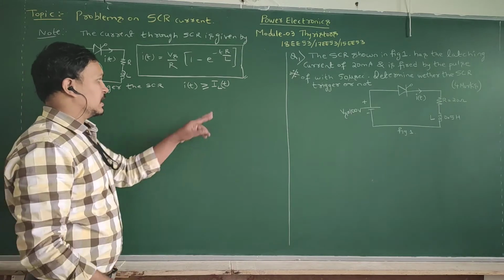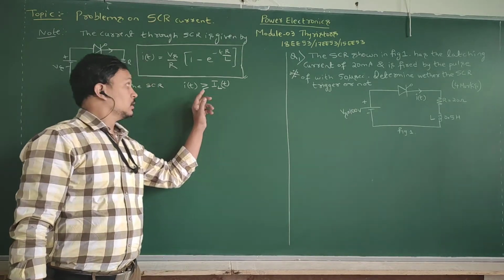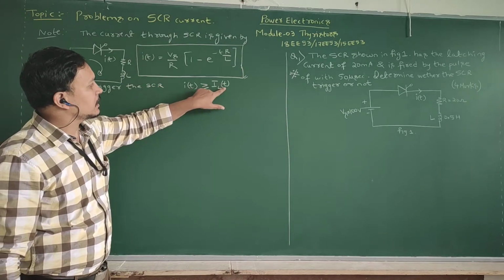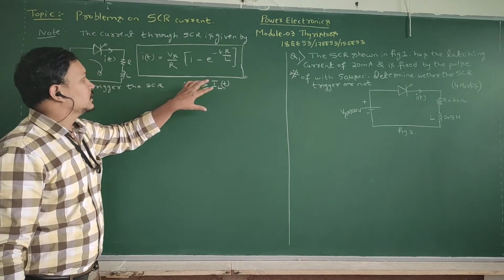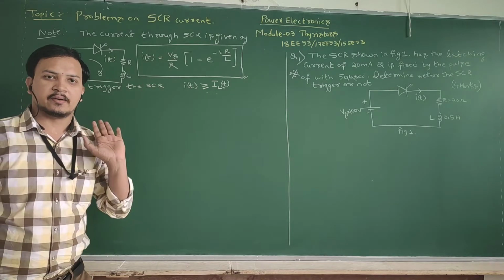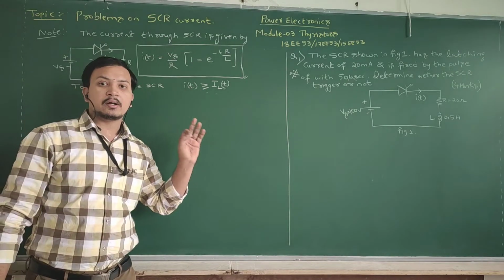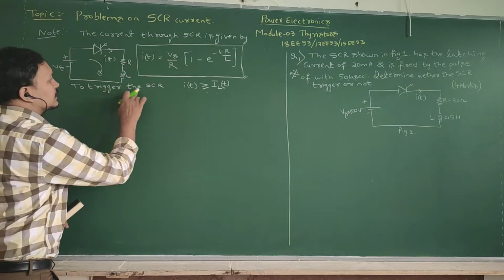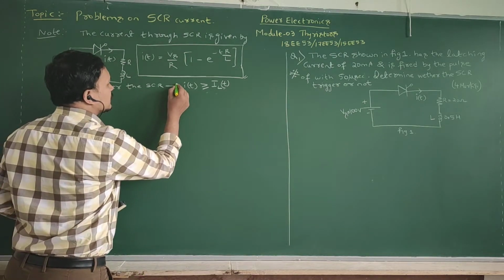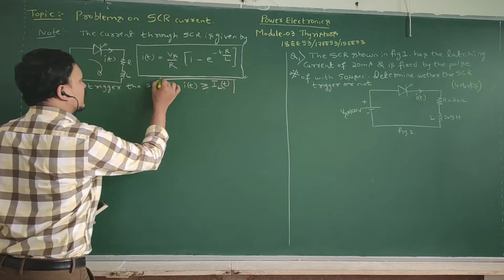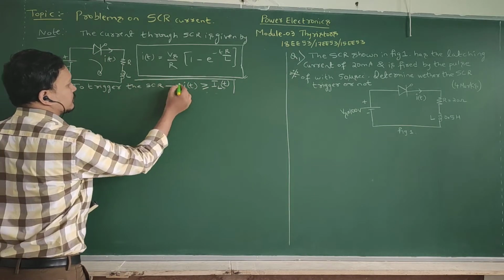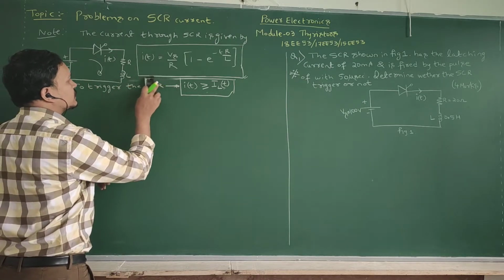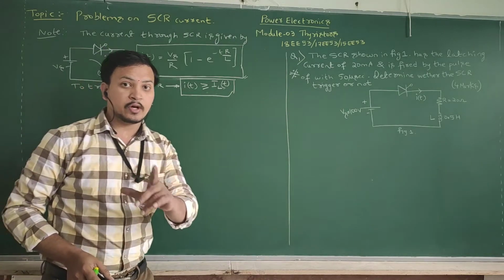What is IL? Latching current. So if your circuit current value is greater than or equal to latching current, then SCR will fire, then SCR will turn on. Otherwise it won't turn on. You have to remember this condition to turn on the SCR. This is type 1 problem.